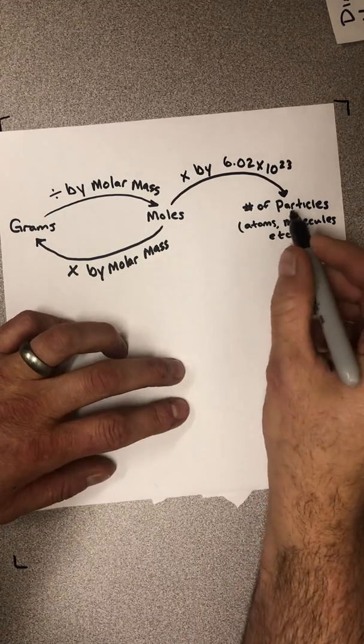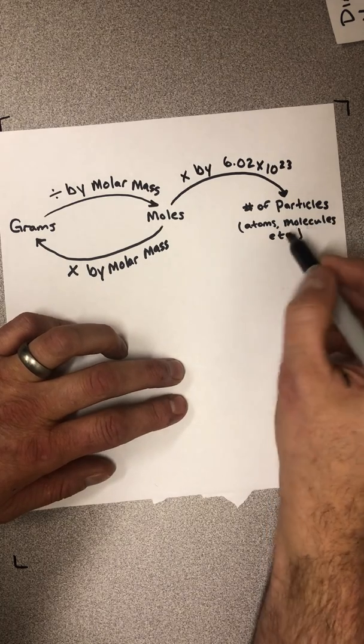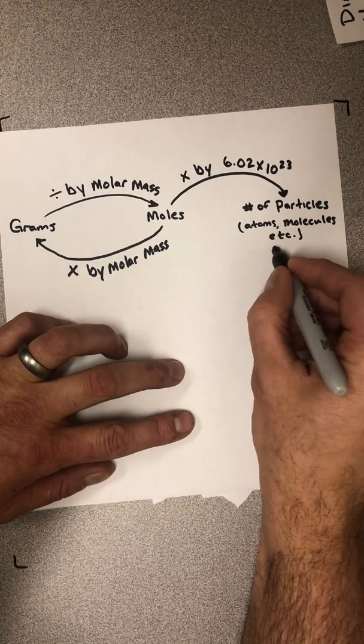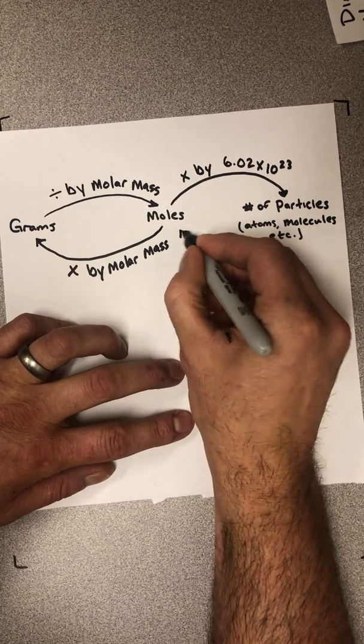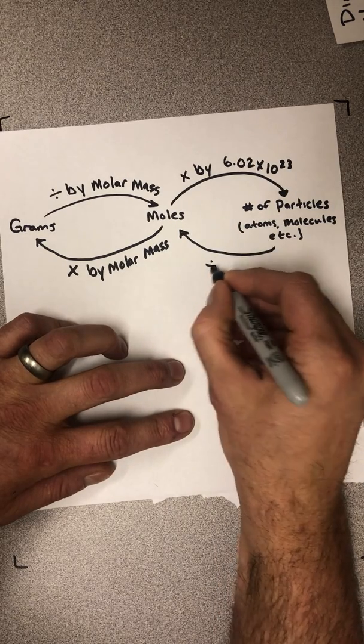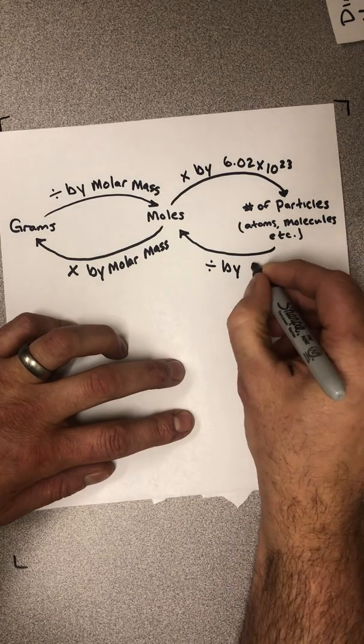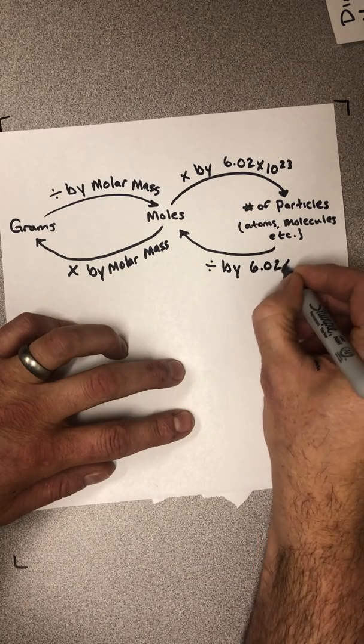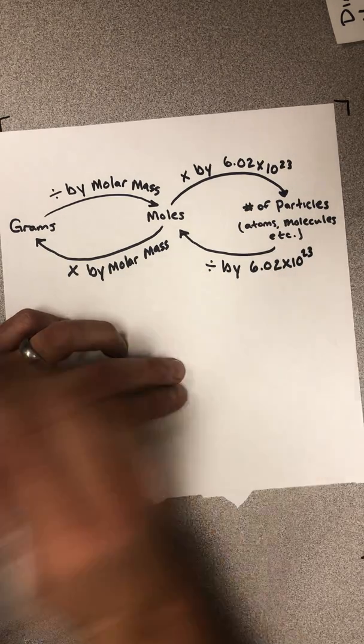And then if you are starting with a number of particles and you want to figure out how many moles that is, you then would divide by Avogadro's number. And it's just that easy.